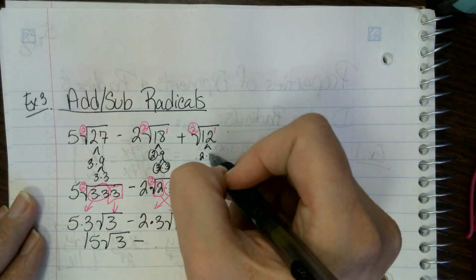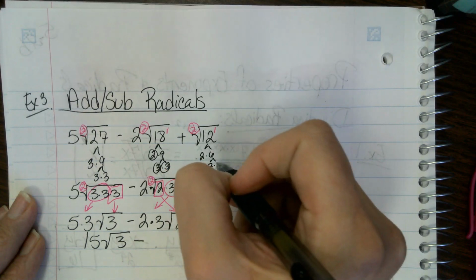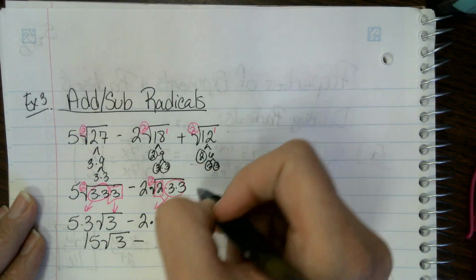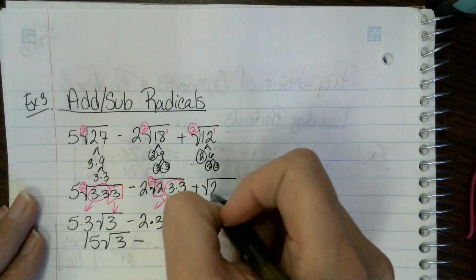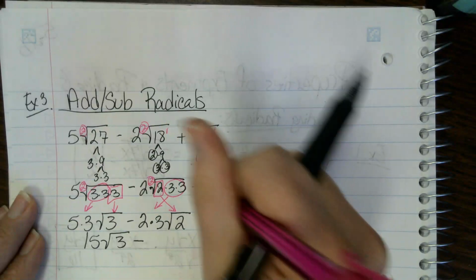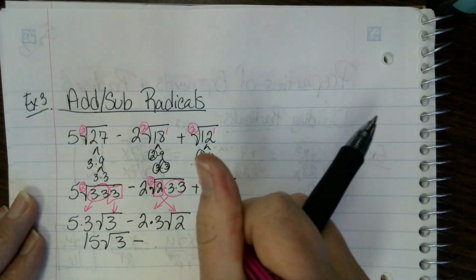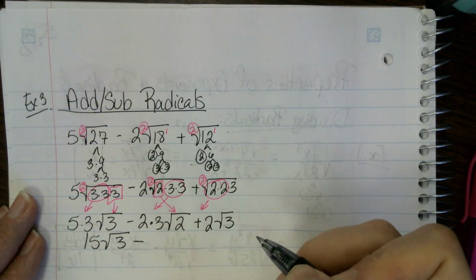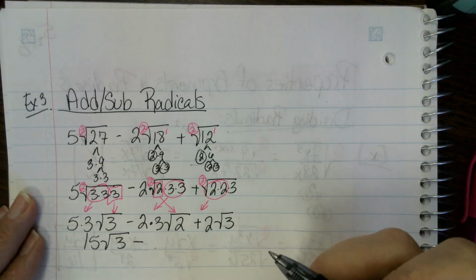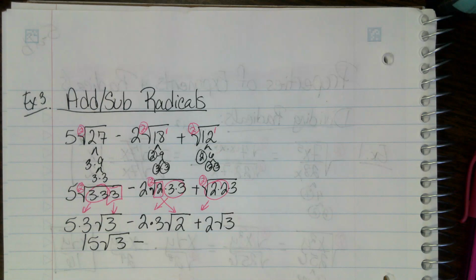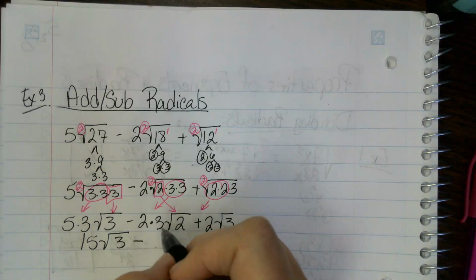Factor this out, 2 times 6, 2 times 3. This becomes square root 2 times 2 times 3. Index is 2, so I'm looking for pairs. It means a 2 gets to leave the radical sign. Okay. Clean this up. 2 times 3 is 6.